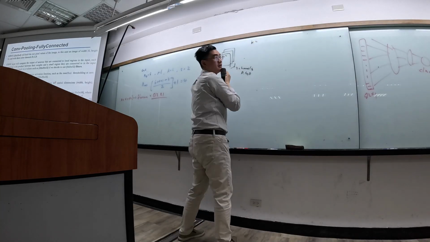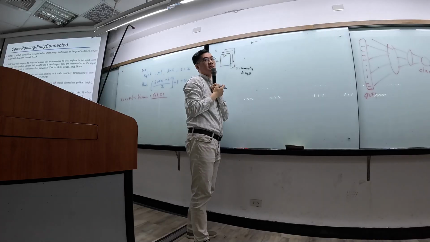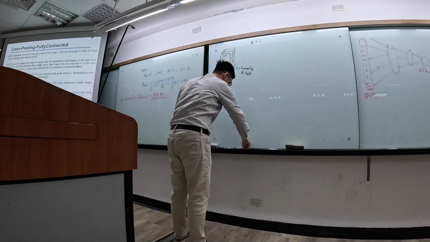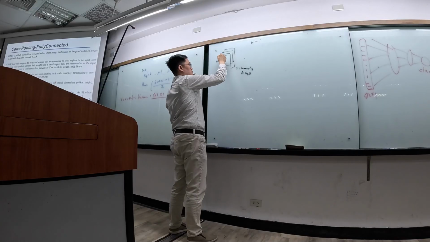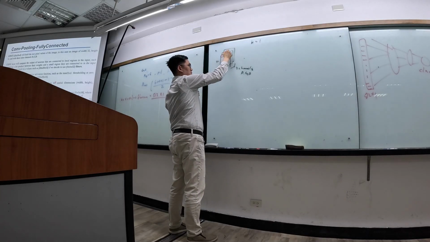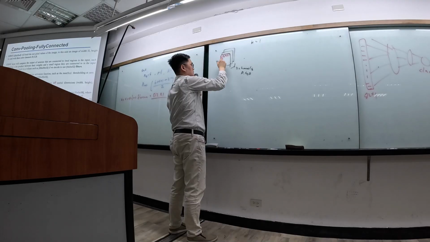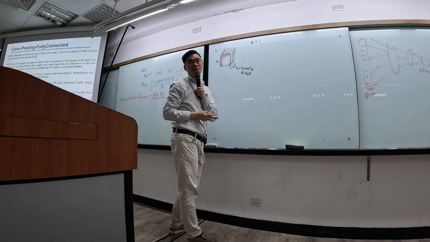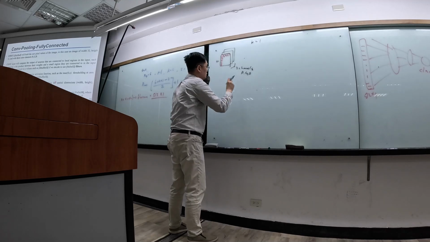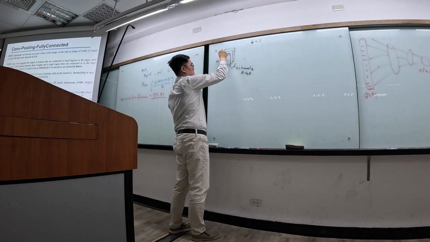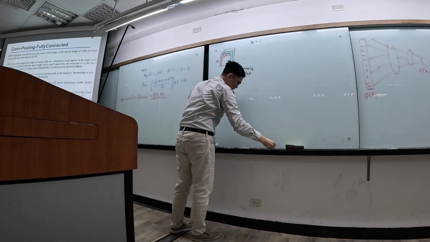So k, the size of the kernel, is 1 by 1, which means that you will use this kernel to scan all the 32 by 32 pixels, all of them. And not just the first channel, also all the rest of the channels, you'll scan them and combine them together.